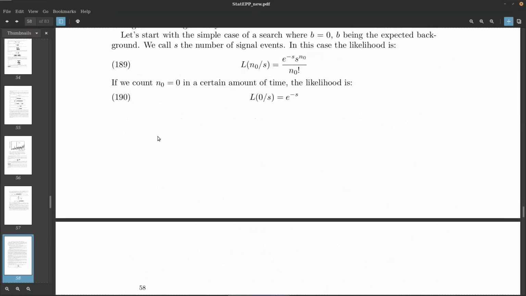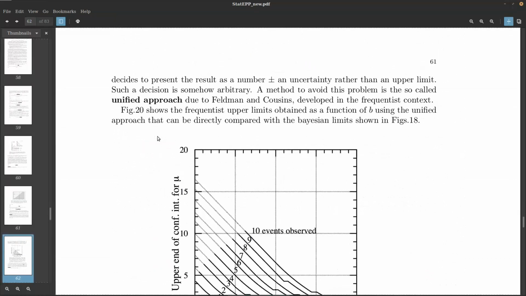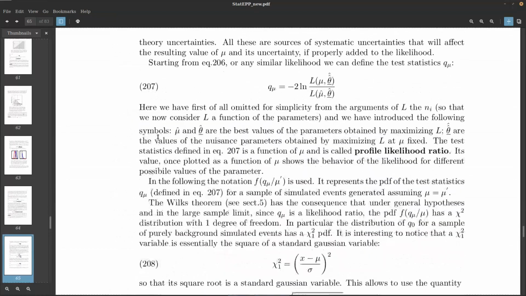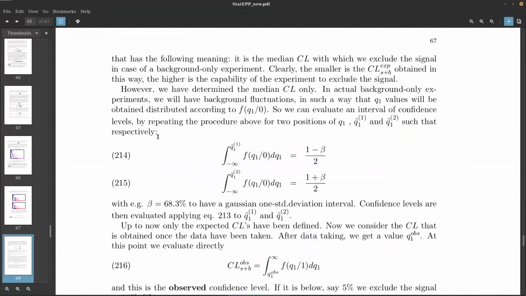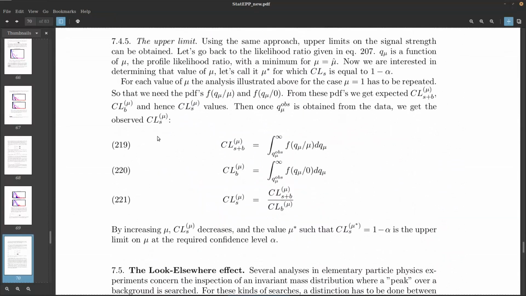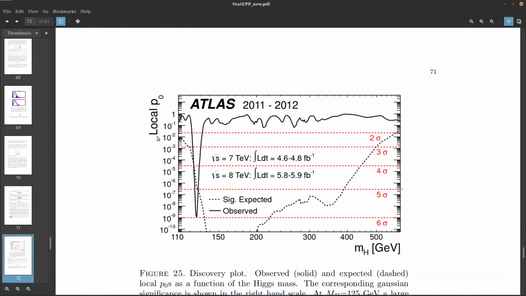Let me come to these discovery plots. Here. Okay, so he has not put the Higgs histogram here. All right. You can now see this data.